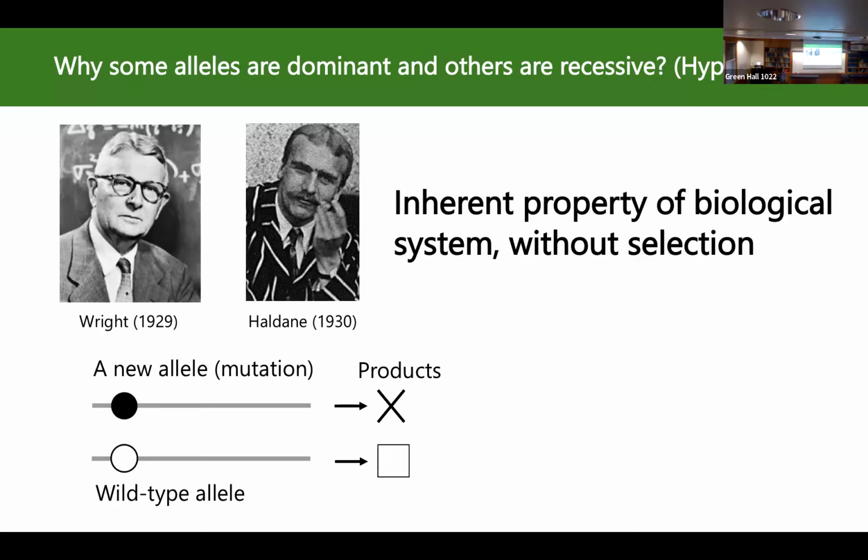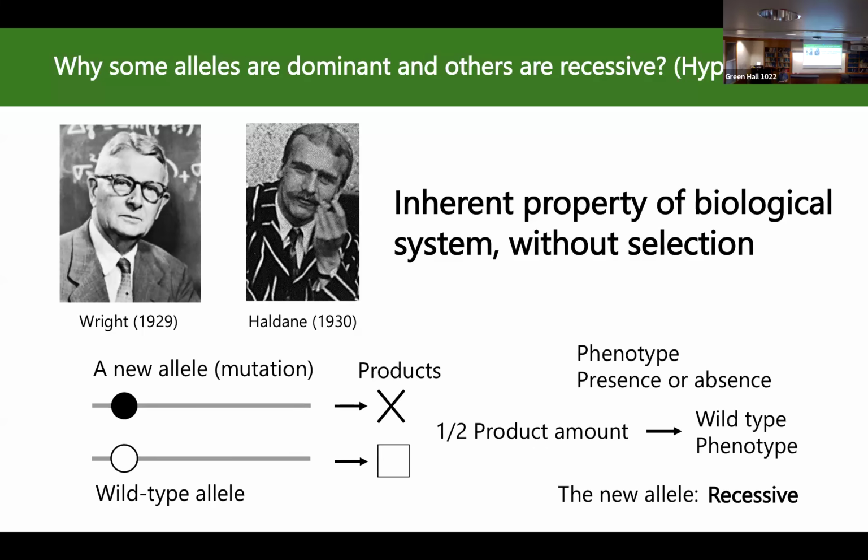Let's assume an extreme case where a newly born allele has a mutation so that it does not produce any gene product. When the new allele is paired with the wild type in the heterozygotes, the amount of the gene product will be half that of the homozygotes with the wild type allele.